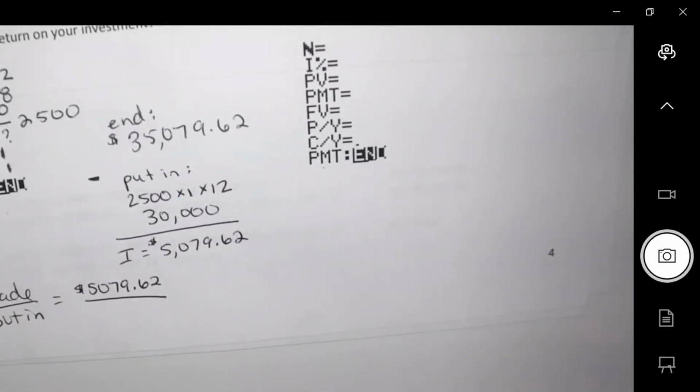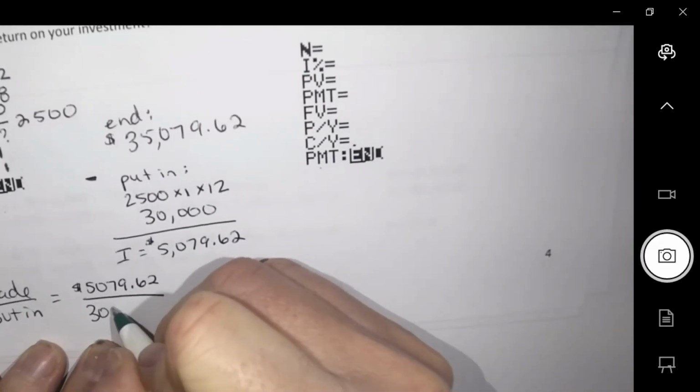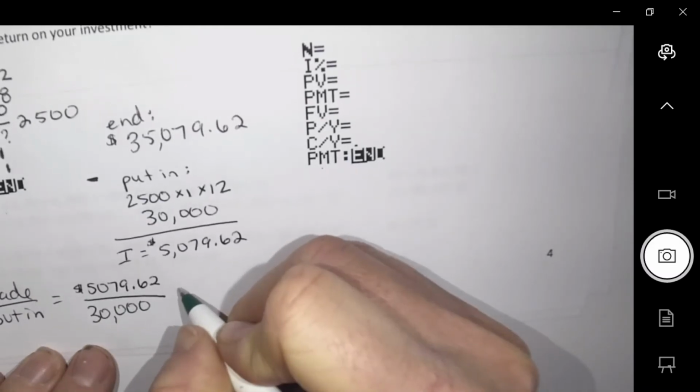I made that much money and I had to put in $30,000 of my own money.